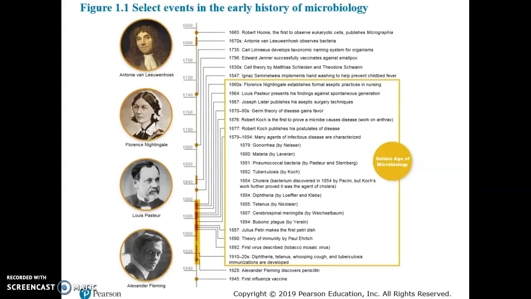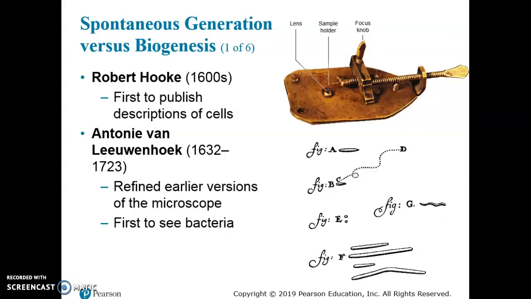All right, figure 1.1, you don't need to pay too much attention to this, but just recognize that there's what's called the golden age of microbiology, just basic understanding, Jeopardy-like questions. During this 50 years or so, the end of the 1800s and very beginning of the 1900s, there was a lot of work being done to try to understand human disease, what causes disease, and to improve human health.